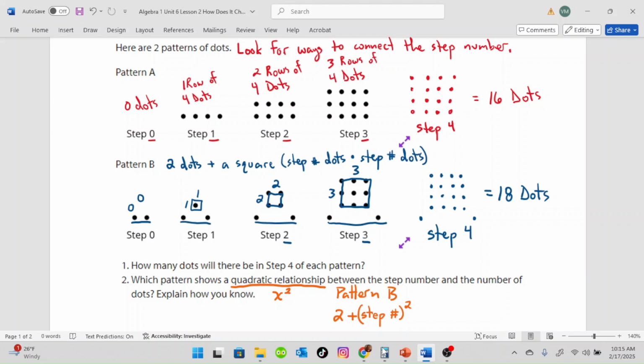Look to see if we're multiplying by the same number every time. If we are, then that's exponential. And now the new one is look to see if there is some relationship to an input being squared, because that would give us a quadratic relationship.